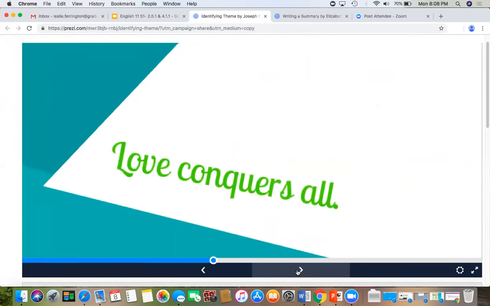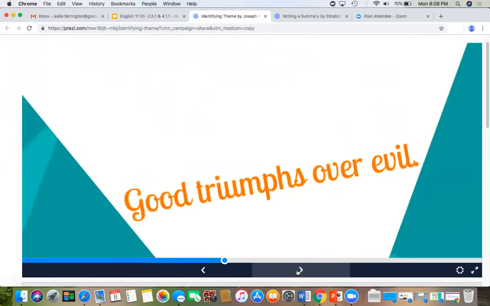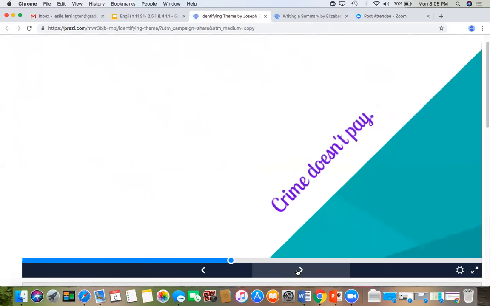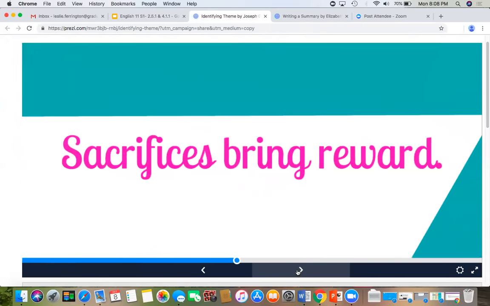Themes could be something like love conquers all, good triumphs over evil, honesty is the best policy, crime doesn't pay. These are examples of themes. Sacrifices bring reward.